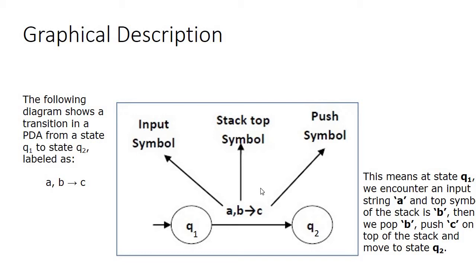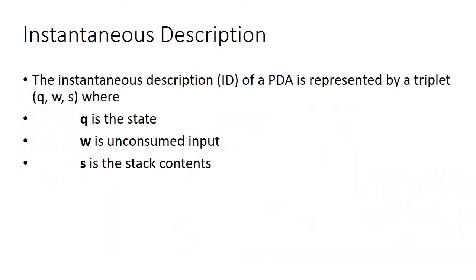If we simply want to pop from the stack, we can say the value which is on the stack top produces epsilon. In this way we can pop the value from the stack. Or here B produces C defines the replacing of the stack top with the new variable or the new terminal.